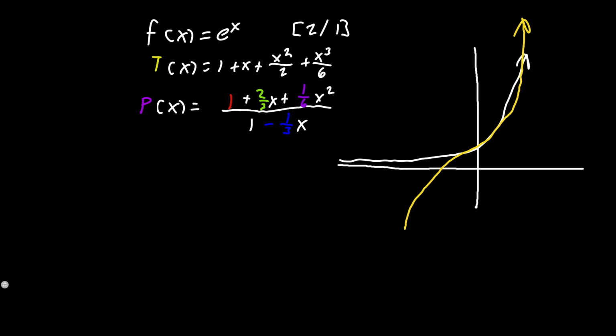But finally, if we were to compare our Pade, we would have that it looks something like this. So we would have that it starts here, and then exhibits the same behavior of e to the x, but it gets extremely asymptotic, since there's an asymptote at, let's say, x equals 3.